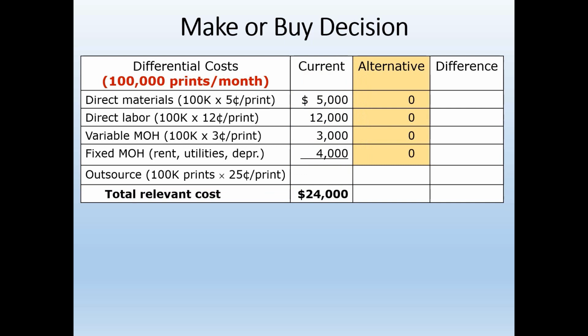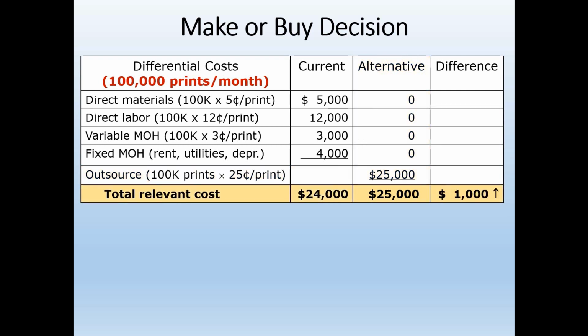If the firm decided to outsource, of course, all those costs would go away. But now, the firm would be paying the outsourcing firm 25 cents per print for 100,000 prints, for a total of $25,000.